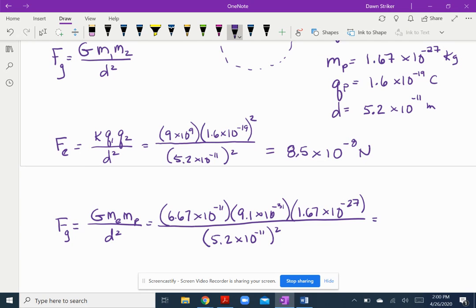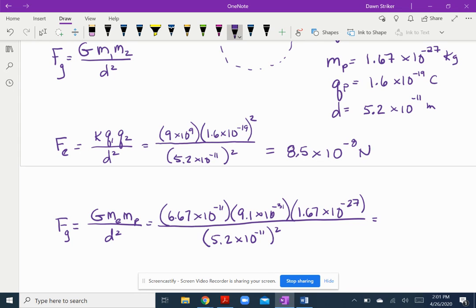All right, so here we go. Pause the video, calculate this out, make sure you get the same answer that I do. 6.67 times 10 to the negative 11 times 9.1 times 10 to the negative 31 times 1.67 times 10 to the negative 27.